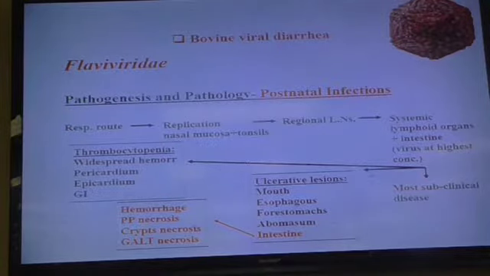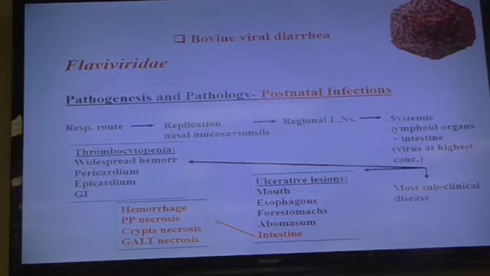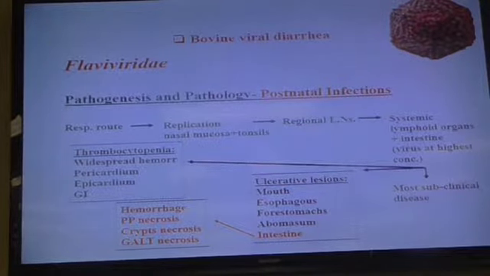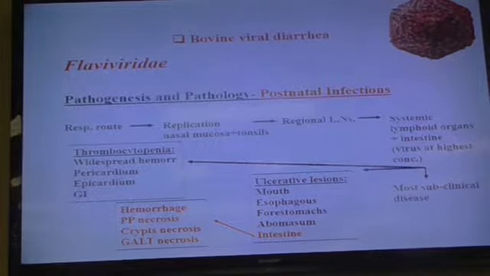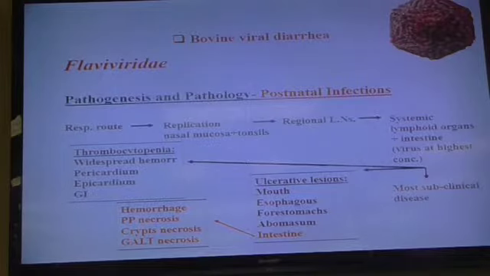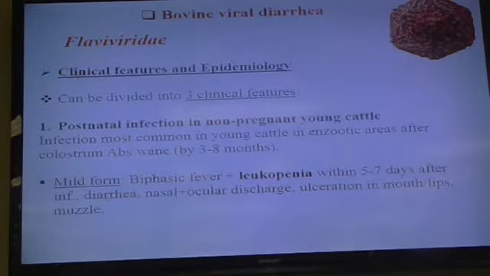However, when it causes disease, it causes ulceration in those locations, including the intestine. Hence the hemorrhages are present. And if it causes thrombocytopenia, then the hemorrhages are also accentuated, edema and hemorrhages. This comes up inevitably quite often.